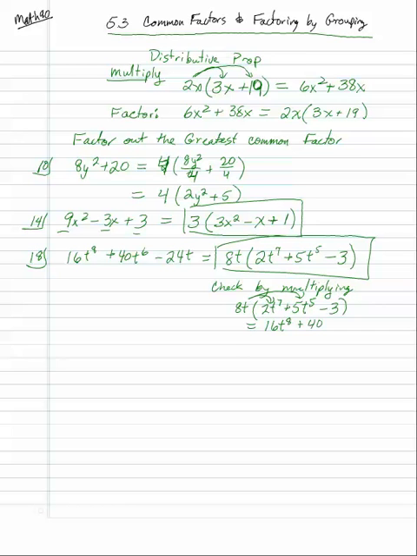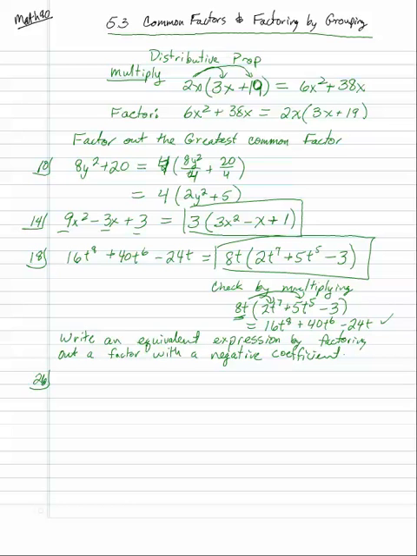But if you made silly mistakes, it'll catch those. And that's the original one. So again, it doesn't check that I got the greatest common factor. It's just checking that I factored by 8t correctly. Now, if 8t is the greatest common factor, then I did it right, which I did.